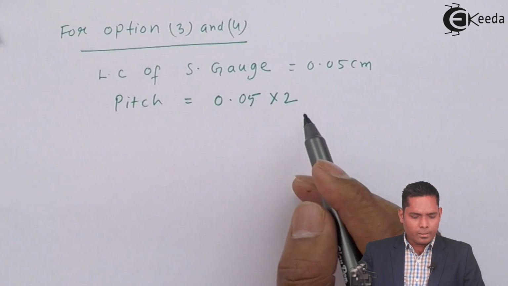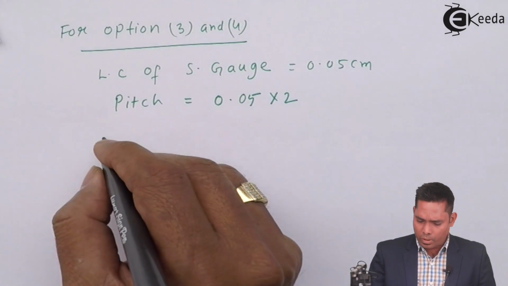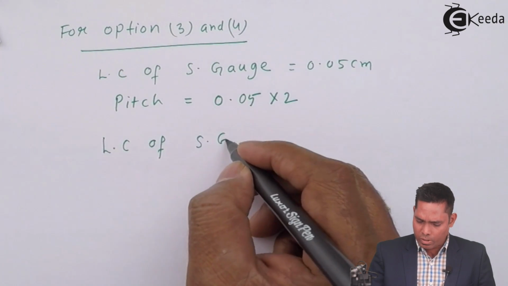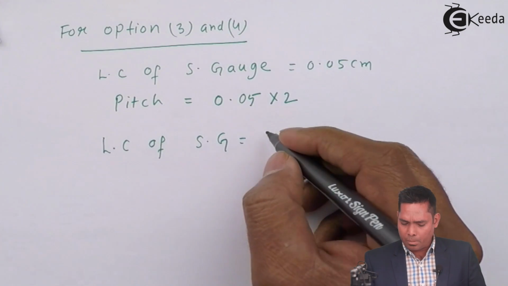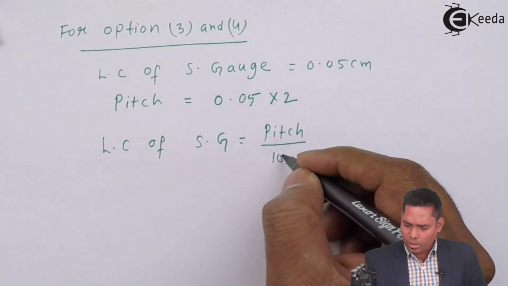Then the least count of the screw gauge in this new situation will be pitch divided by total 100 divisions.